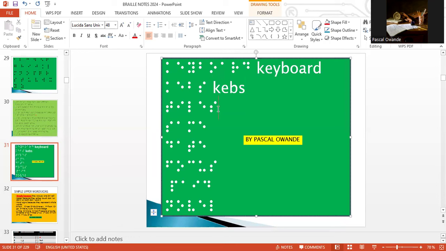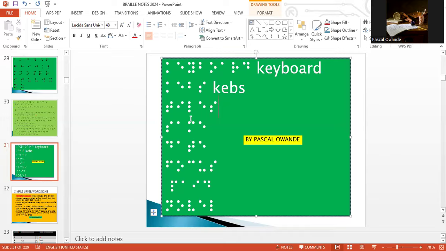The third one, we have dot 2, dot 3, dot 4, dot 5. That is letter T. Then we have dot 2, dot 4. That is letter I. Then we have dot 1, dot 2, dot 3.